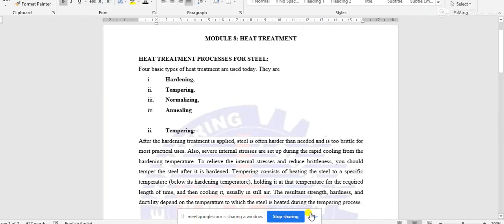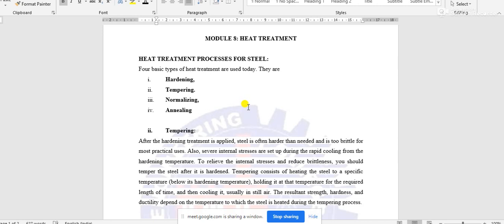Okay, today the next heat treatment process, that is tempering, we'll discuss about that. In the previous class we discussed hardening: how the hardening process is done and what changes are imparted in the steel.